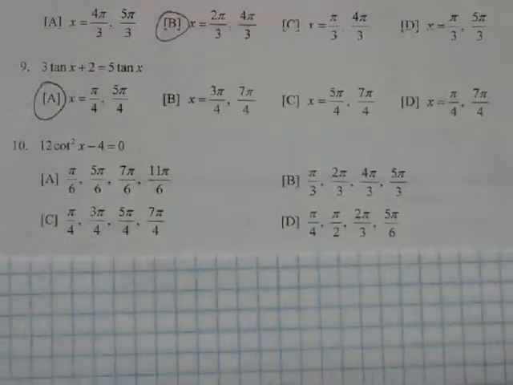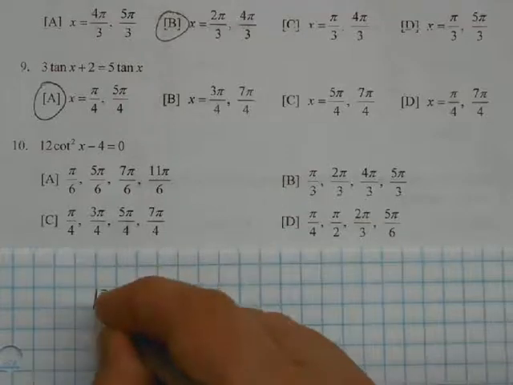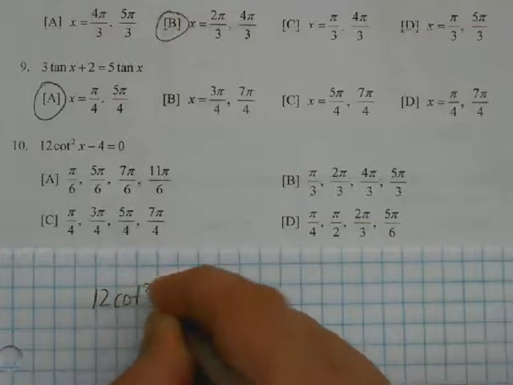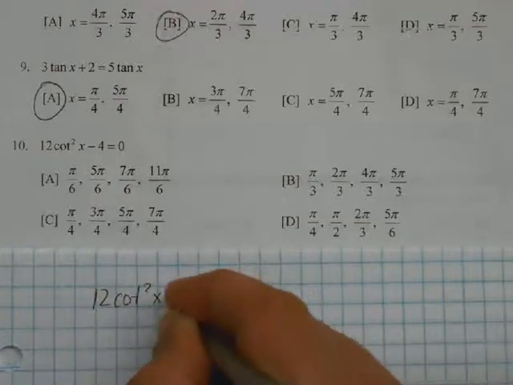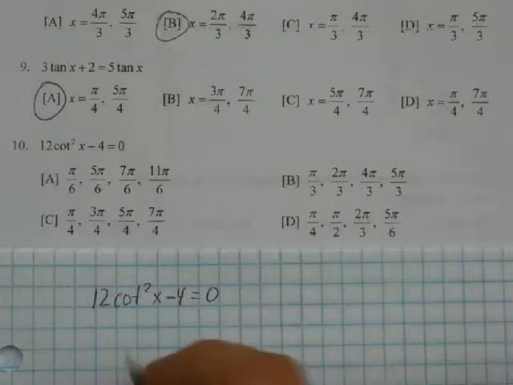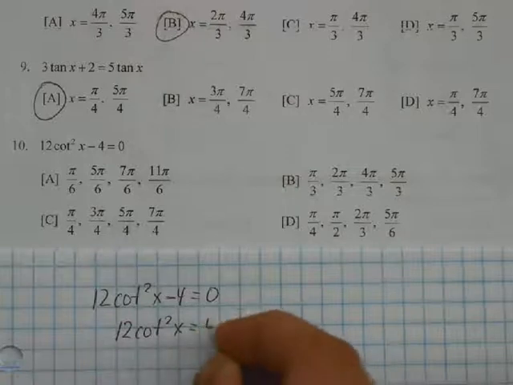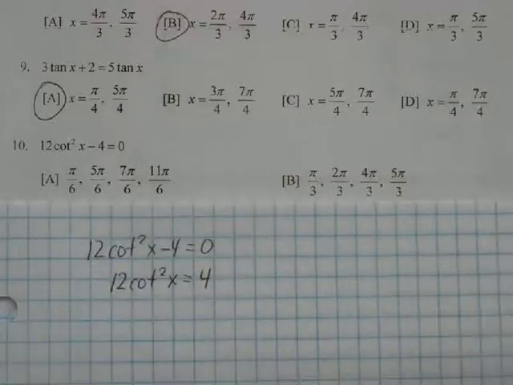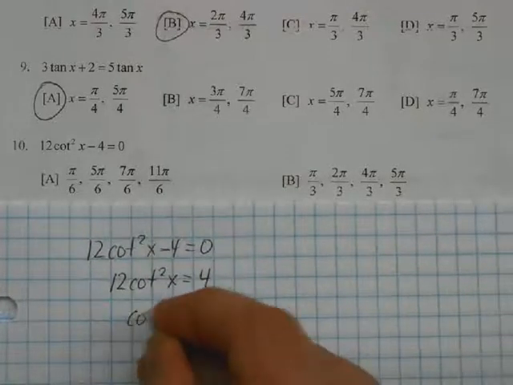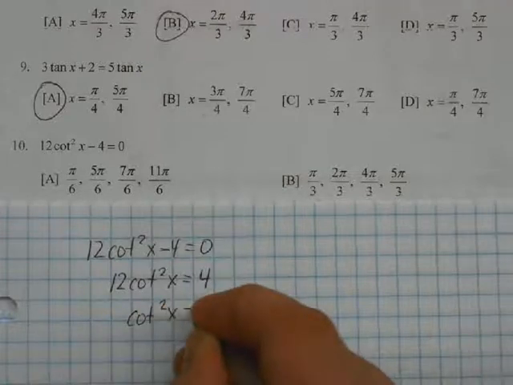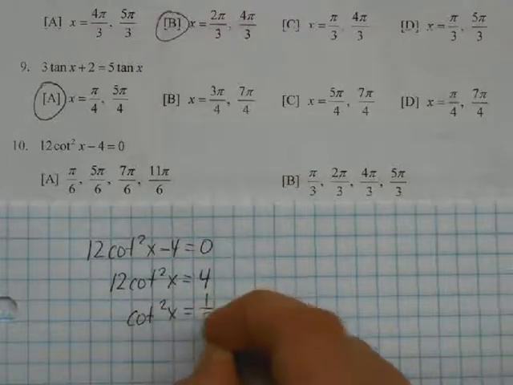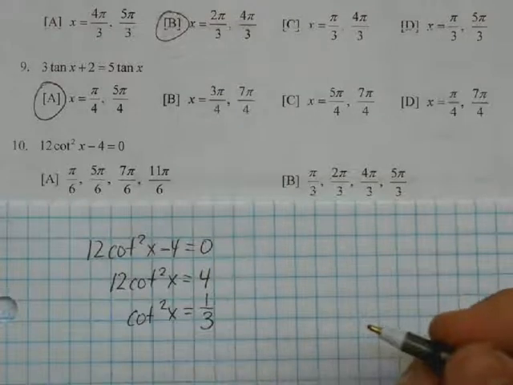Okay, number 10. Once again, we're going to go ahead and get the cotangent function by itself. So I'm going to first add 4 to both sides, and then divide both sides by 12, which gives me cotangent squared x equals 1/3.